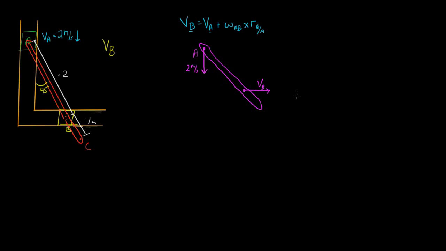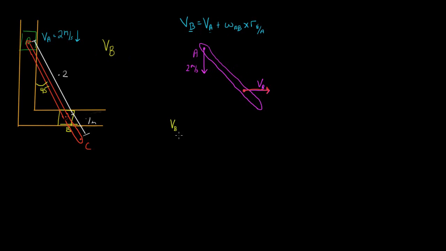This example may seem sort of trivial, that if this goes down, B has to go to the right, but in general, we're always going to assume a positive velocity or positive acceleration, and if we're wrong, then our answer will just have a negative sign in front of it.